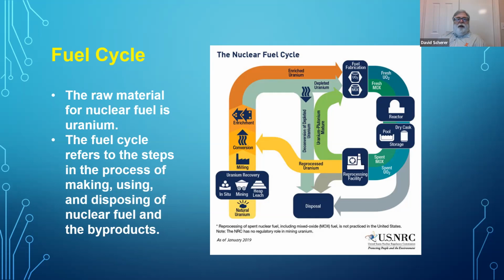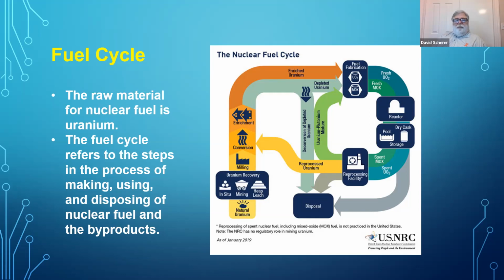So the enriched uranium is then used to fabricate fuel. The depleted uranium, that is uranium that's depleted in 235, so it's enhanced in 238, it's almost entirely U-238, is waste material. It has other uses, but it's not useful for the fuel cycle.